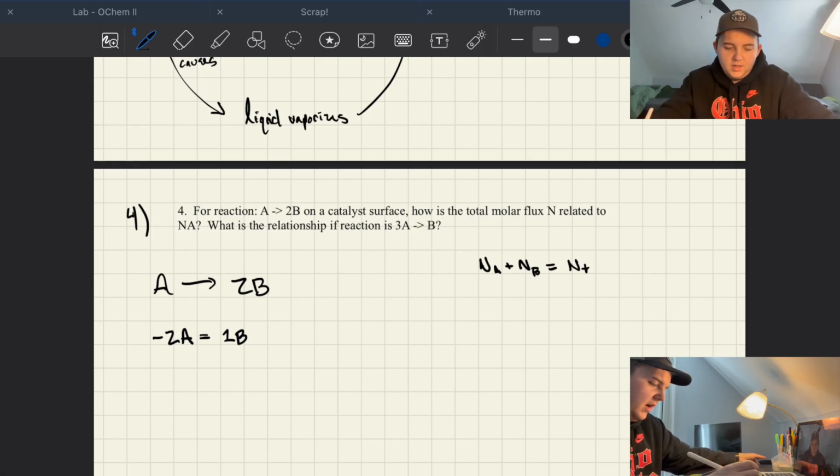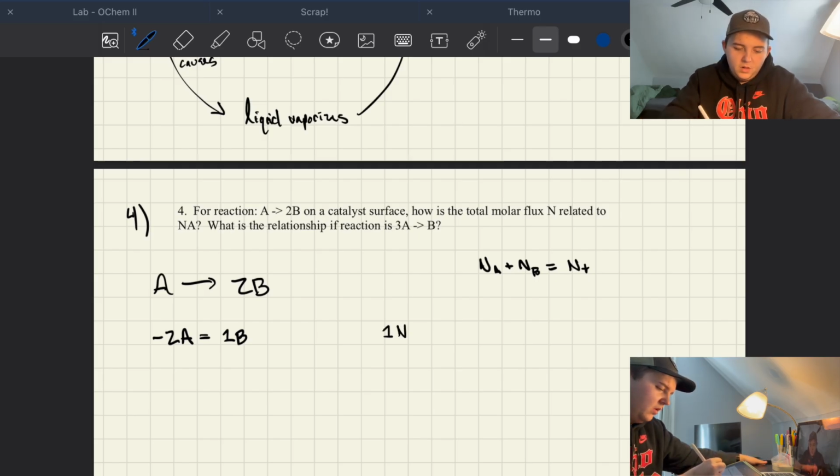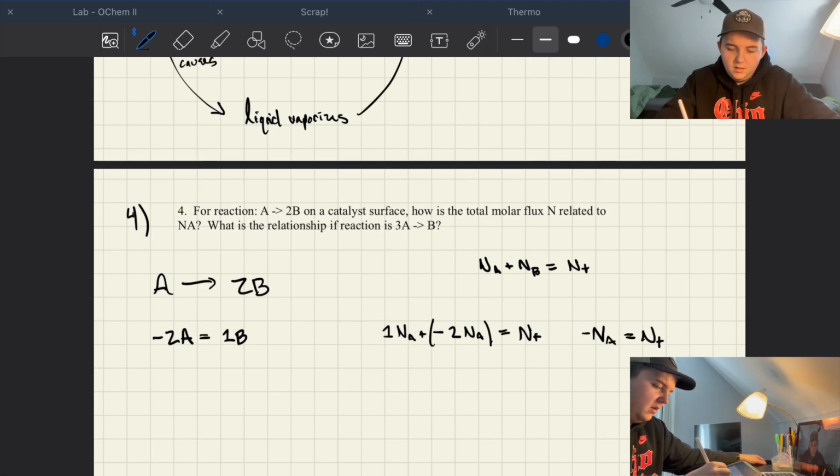So now we can add that back to our original formula. We know 1NA plus what we have here, 2NA, is equal to N total. So we're going to have negative NA is equal to NT.